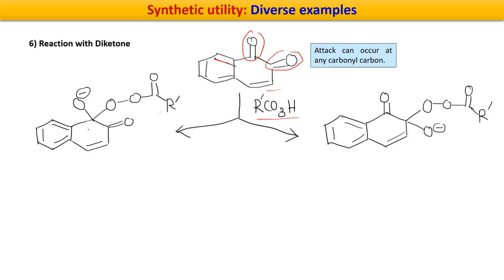Now after that what will happen? Just look at the left hand side. If this is migrating, that is one possibility. Another migration possibility is this side. This side we have some acyl group, right? Similarly, on the right hand side, if this group is migrating, this is basically an RC double bond O, an acyl type of group. And we know there will be some carbocation type of nature generated. Another side is CC double bond.